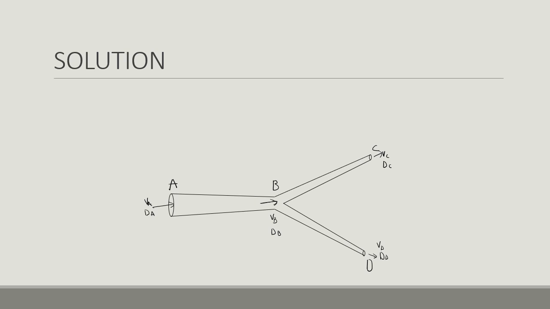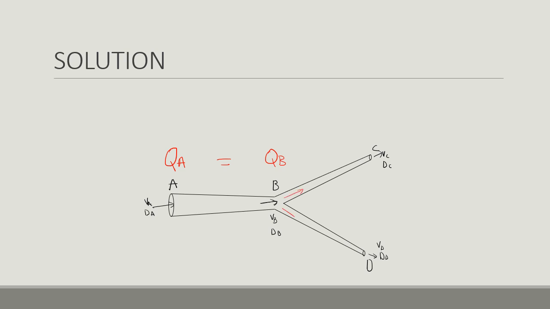So you would think, how would I solve this question? How would I find the discharge at C and the discharge at D and the velocities at B and C? And this is where thinking comes in. Okay, what do we know? We know that the discharge at A is equal to the discharge at B due to continuity of flow. And we know that the discharge at B was divided into two.